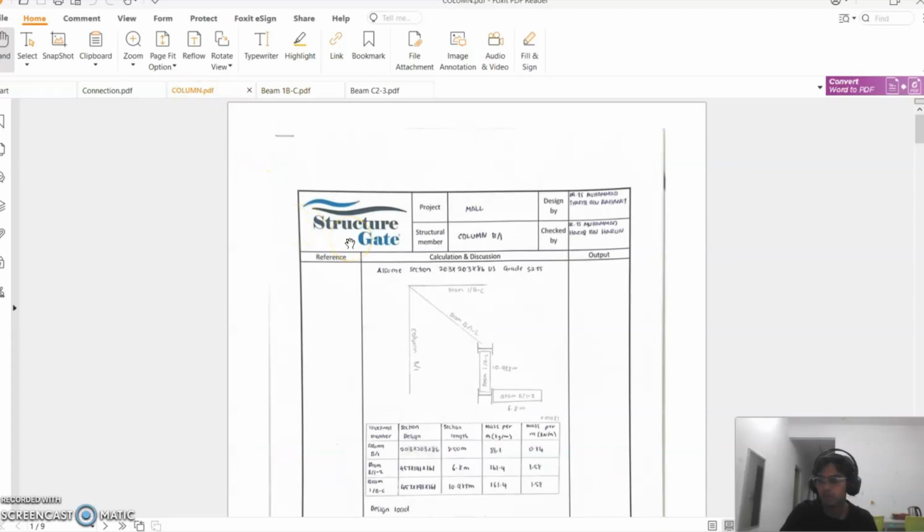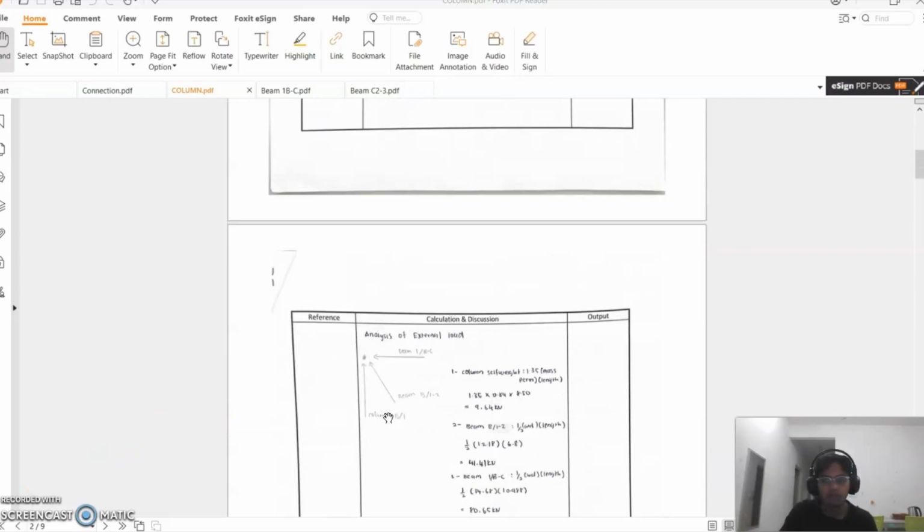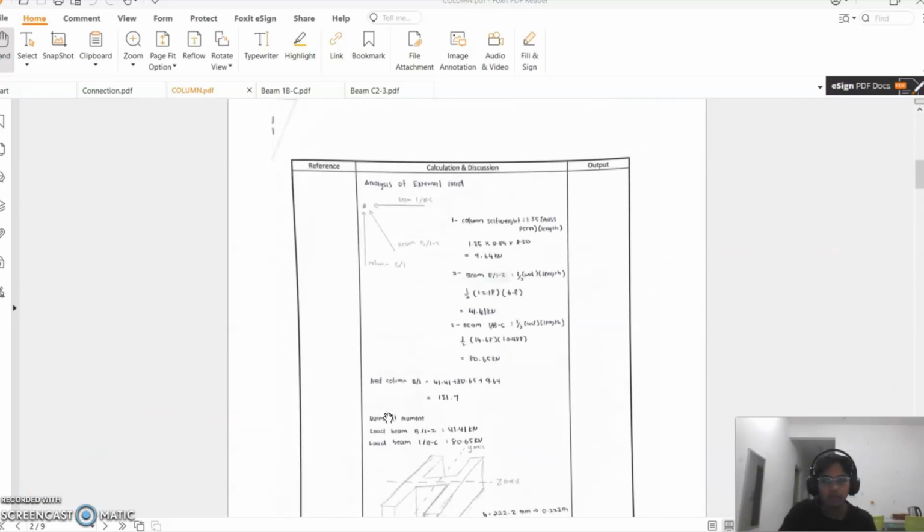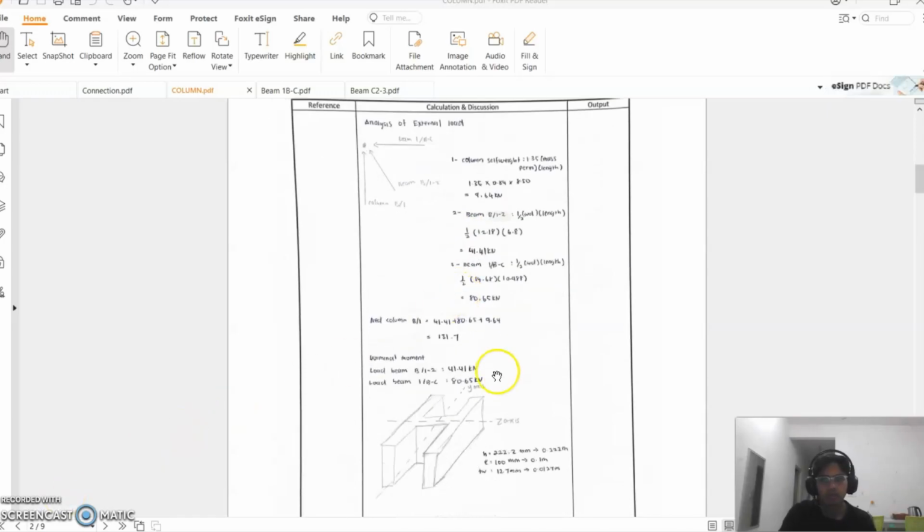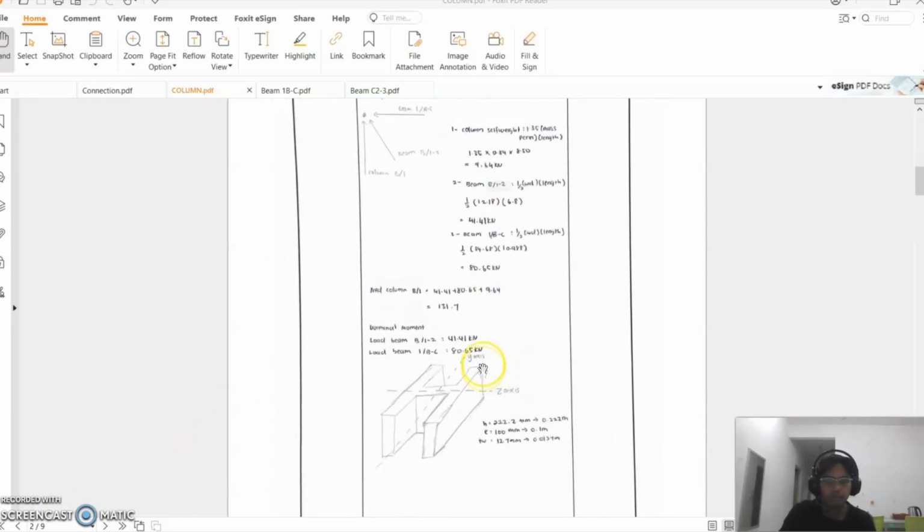For the column, the steel design that I choose is 203 x 203 x 86, steel grade S275. For the design load, to calculate the external load, I need to add all 3 self weights, which are the 2 beams and the column itself, and the value is 131.7.